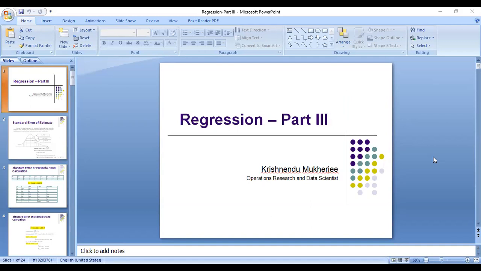Continuous variable means it can take any value between a lower limit and an upper limit. So this is the fundamental difference between regression and classification.